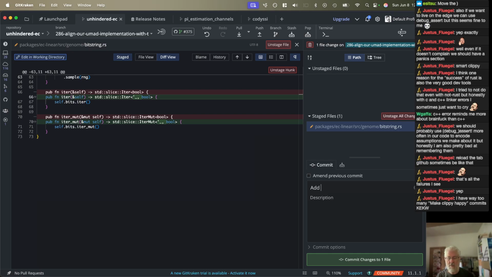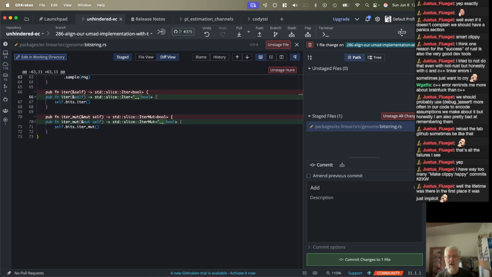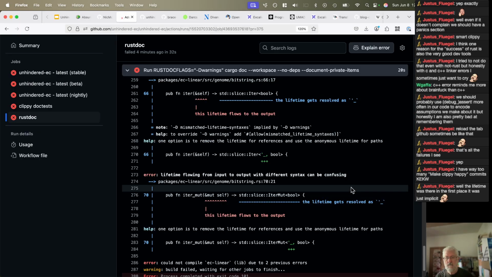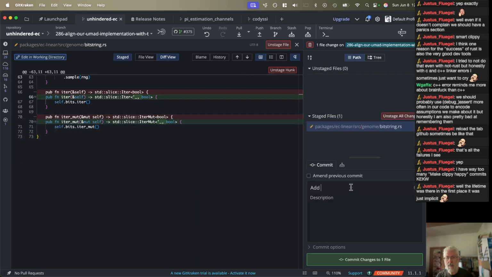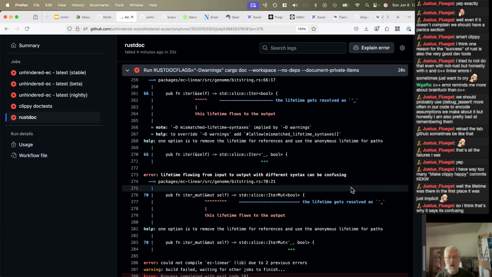If you turn on all the Clippy stuff, everybody ends up with lots of make Clippy happy commits. So be explicit. Make anonymous lifetime explicit in... This is in.